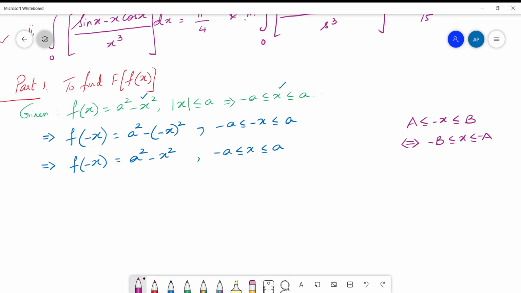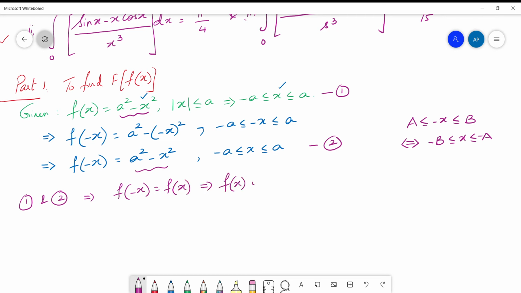So if you look at equations 1 and 2, it means that in the interval minus a to a, the functions are the same. And therefore, 1 and 2 will prove that f of minus x is equal to f of x. And what does this mean? That f of x is an even function of x.